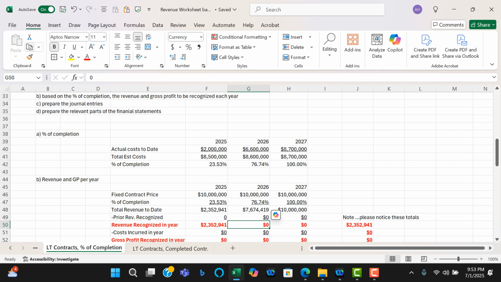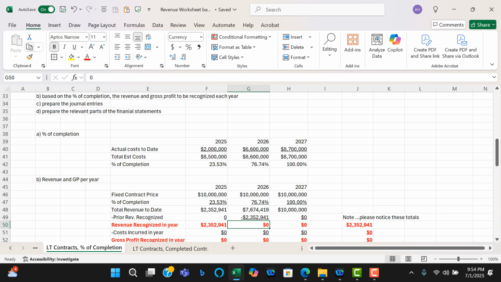Okay, and then in this column here, we have the revenue that should be recognized today at the end of 2026. It's about 76% complete. So on 10 million, which is about $7,600,000, which is the total revenue to date. But we have to recognize, and I'll put a minus here, that we recognized in the previous year, 2,352,941.